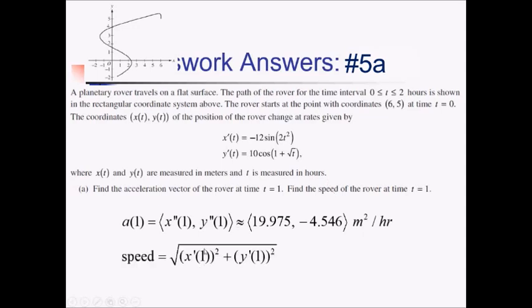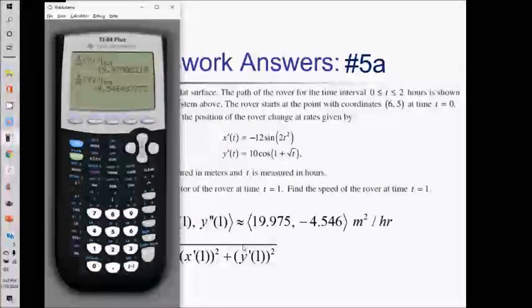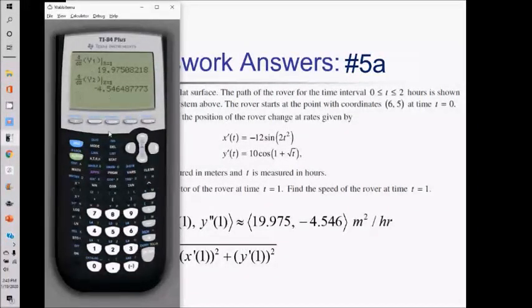All right, on to speed. So we've got x prime of 1 squared, y prime of 1 squared, square rooting all that after we add them. So back to the calculator we go. And I've already got x prime and y prime entered in the calculator as y1 and y2. So let me just do square root then. Let me just erase all this. Square root. And let me do alpha trace y1.